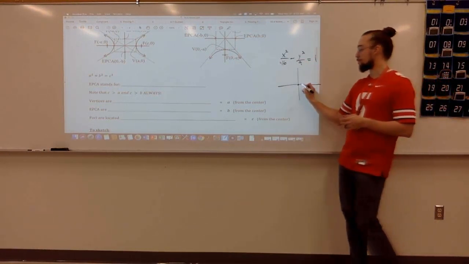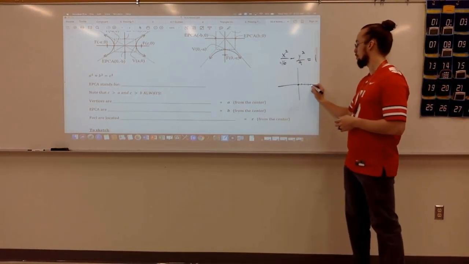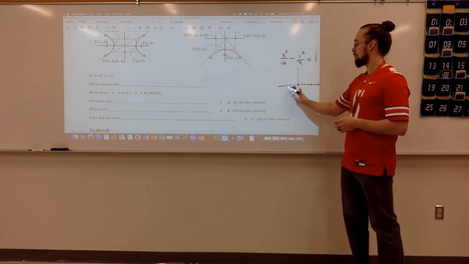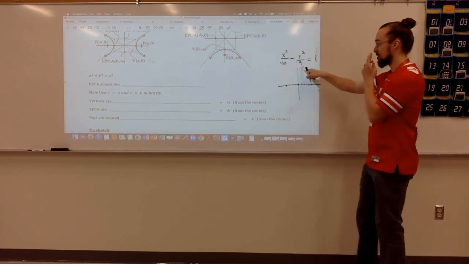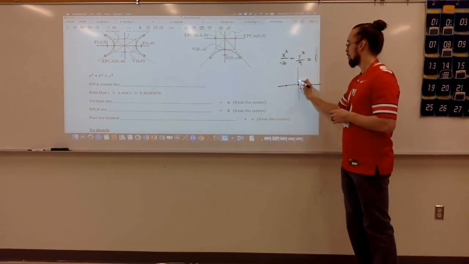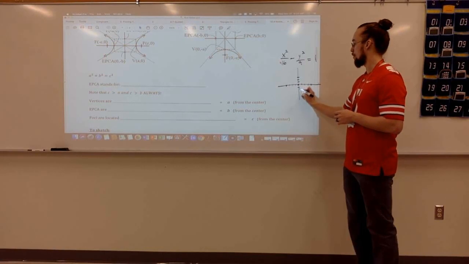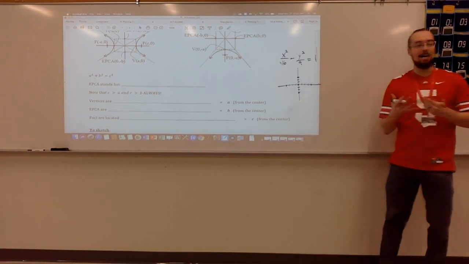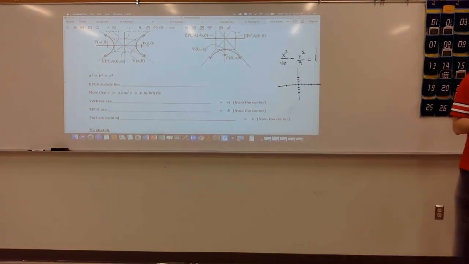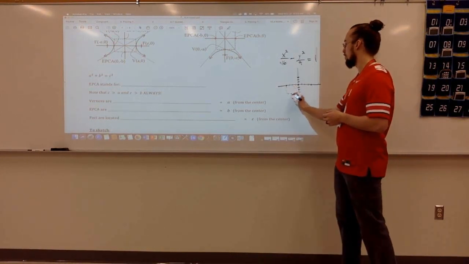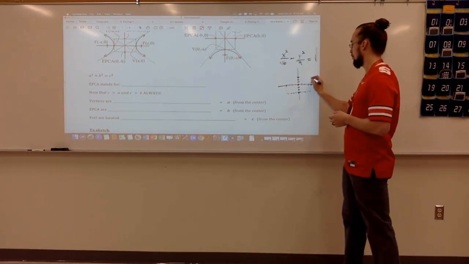So I'm going to go to the right 1, 2, 3, 4, and to the left 1, 2, 3, 4. This tells me how far to go in the y direction: up 1, 2, 3, down 1, 2, 3. These points allow me to form a box, a rectangle. I'm just going to draw in a dotted rectangle here.